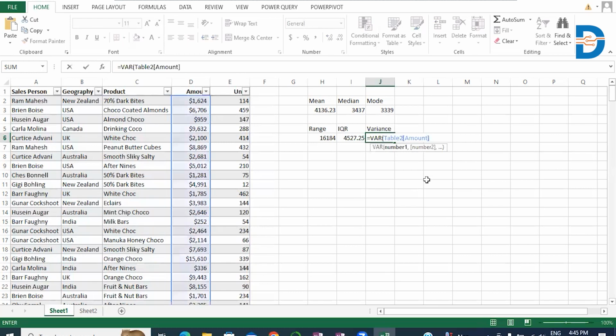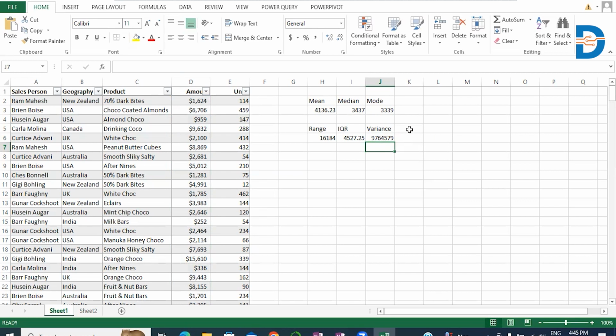We pass the table amount column and hit enter, and you will get the variance. Variance is the average squared value of your differences. Then the exact value, the exact variation or data spread value, is calculated with the help of standard deviation.